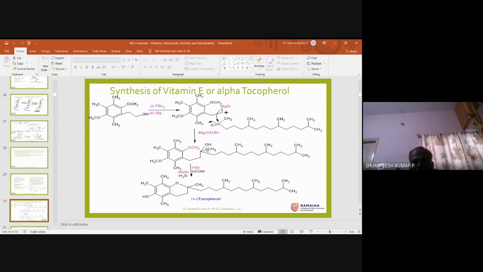In the next step, it is treated with HBr. HBr is a reagent used to cleave the ether functional group. What is the ether? This is a phenyl group, this is a methyl group, and this is an ether, a phenyl methyl ether.